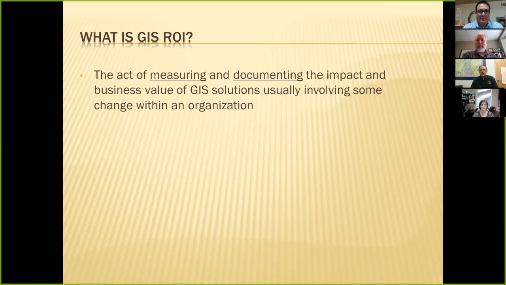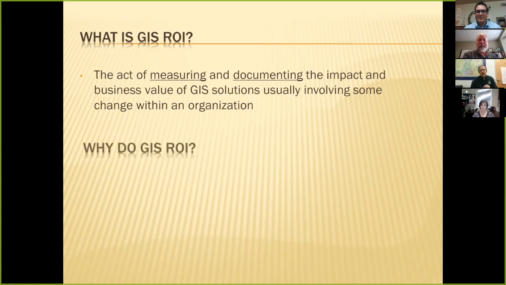Later in my talk, I'm going to provide a much more specific and personal interpretation of this sometimes ambiguous subject. There are definitions for ROI that include math, but we're not going down that path in this short talk. This talk is focused on the big picture for doing GIS ROI. It's not a deep dive into how to do GIS ROI.